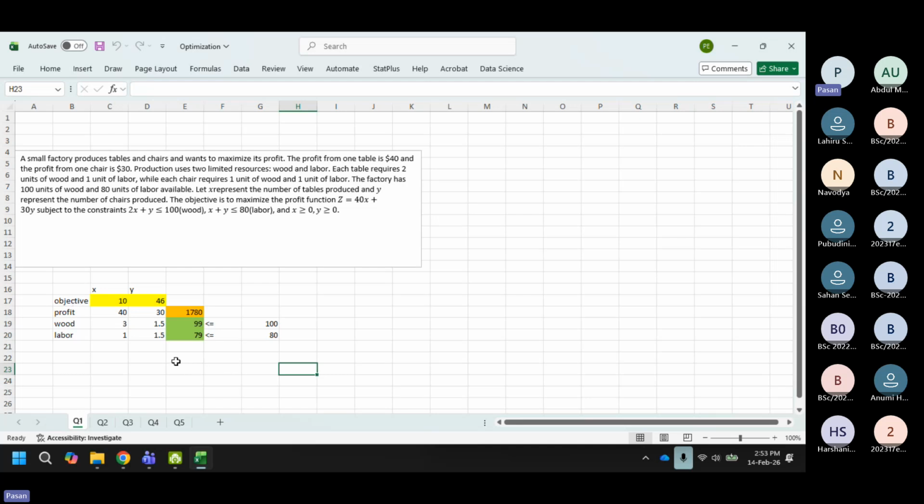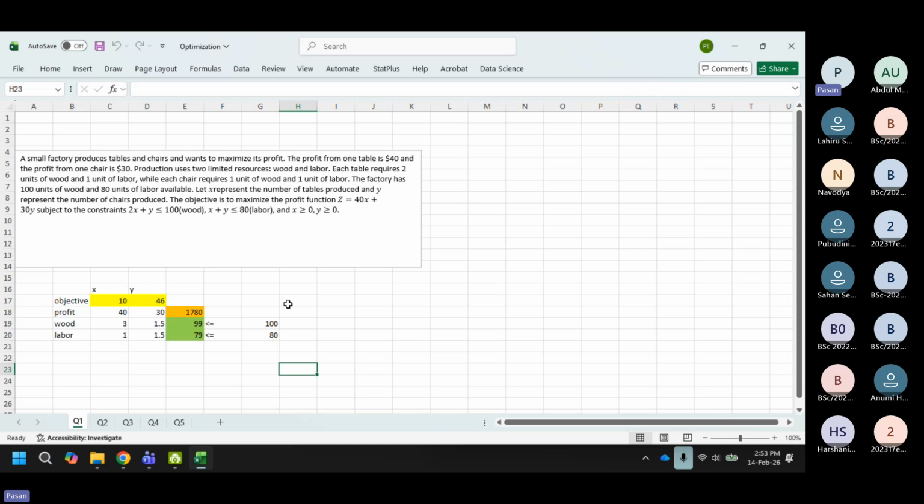That's how we can work on this application of the simplex method using our solver package, right? So that's how we can use this linear programming concept.